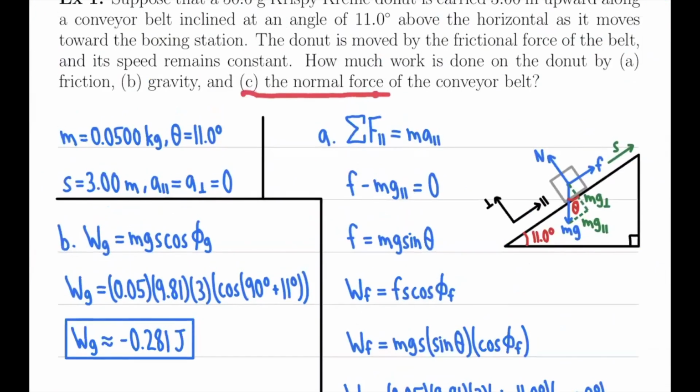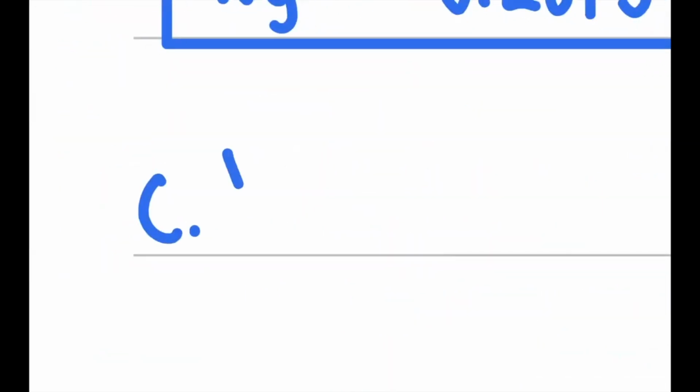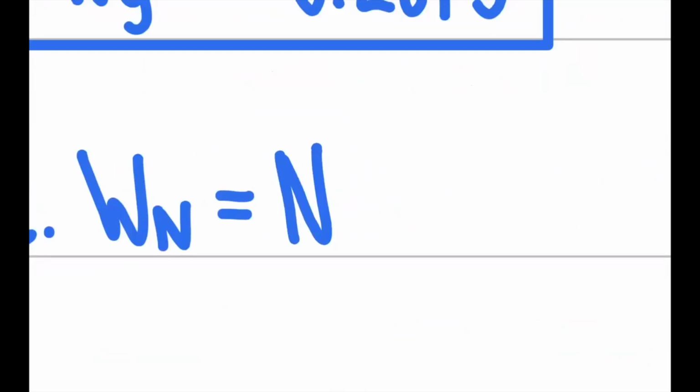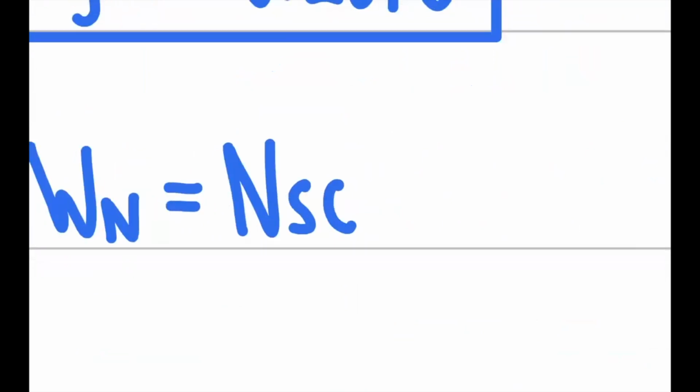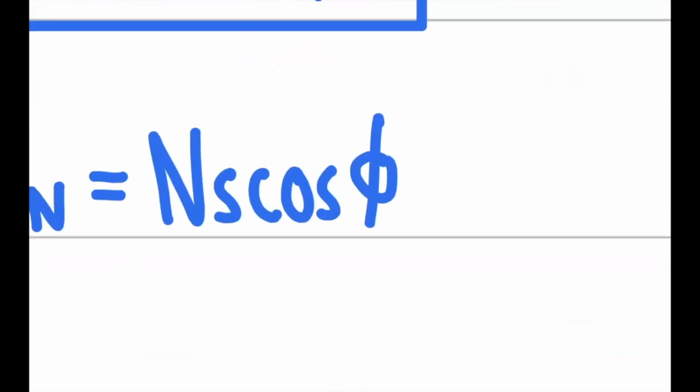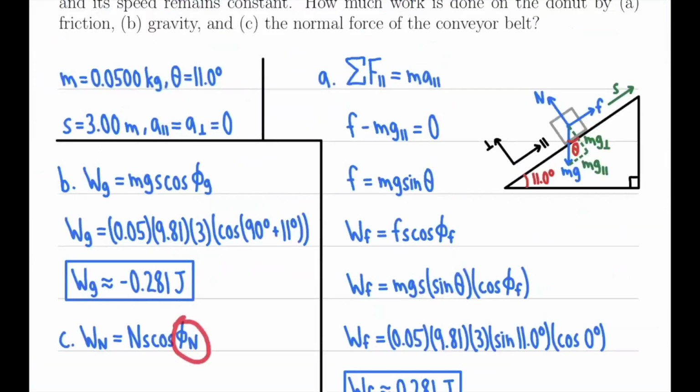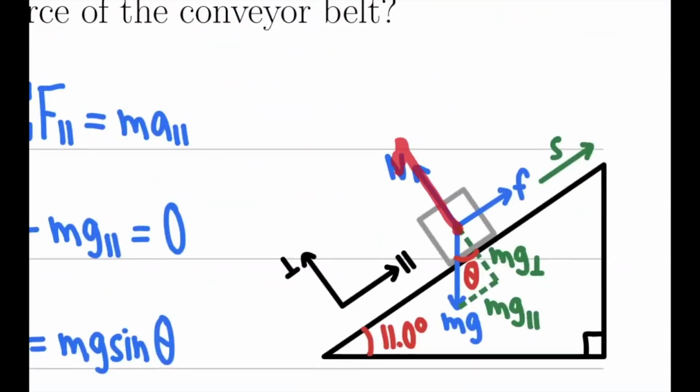Lastly, we need to find the work done on the donut by the normal force. So part C. So work done by the normal force. Again, normal force is constant, so we can just do F, which is N, times S times cosine phi sub N. What is phi sub N? What's the angle between this force and the displacement?